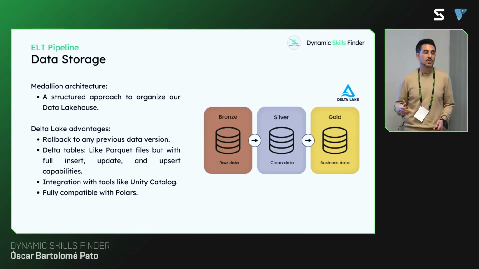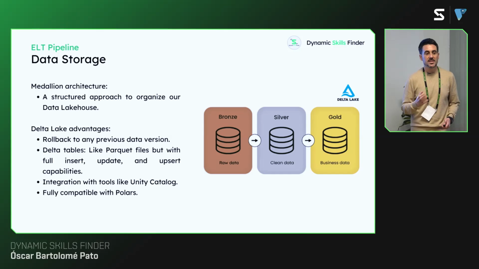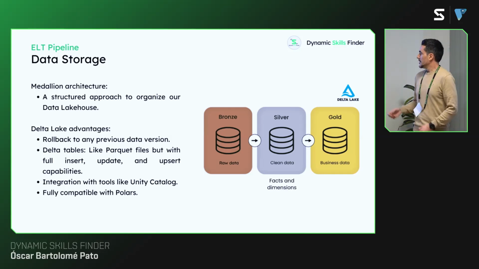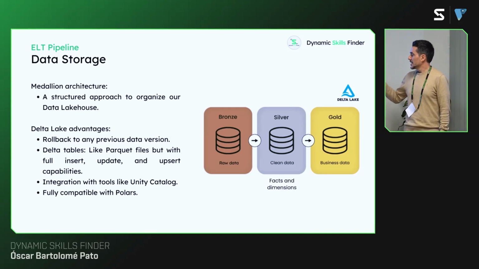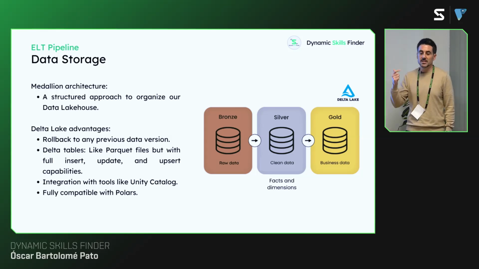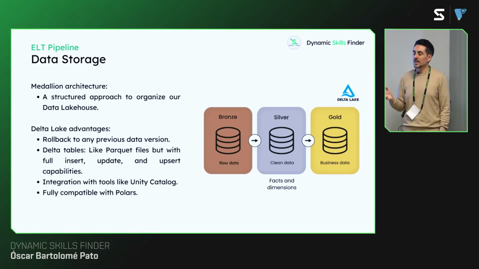The bronze layer is our landing zone. Here we store the data in its raw original form without any type of transformation or schema enforcement. Then this raw data is cleaned, transformed and modeled in the silver layer, and here's where we have our core data architecture.